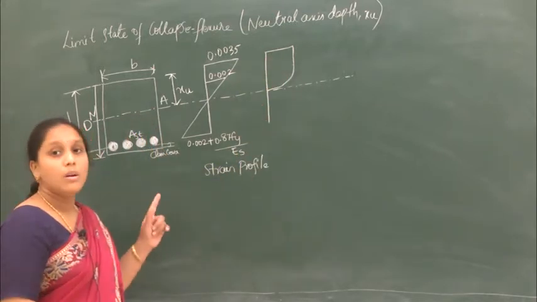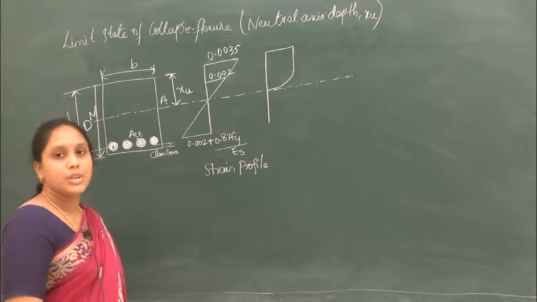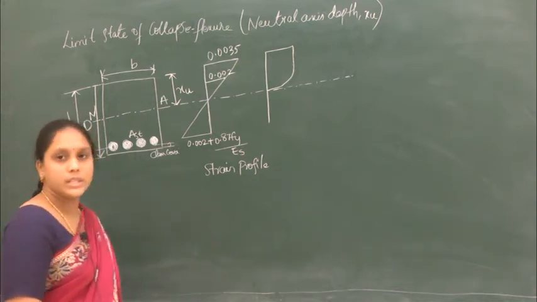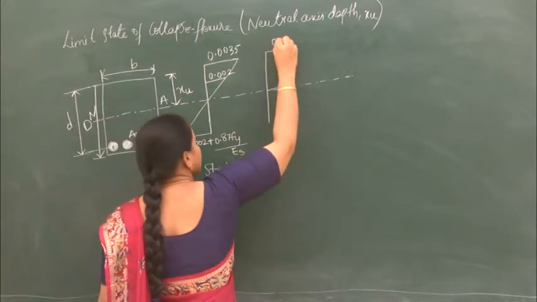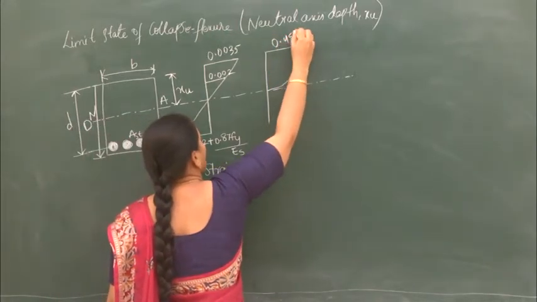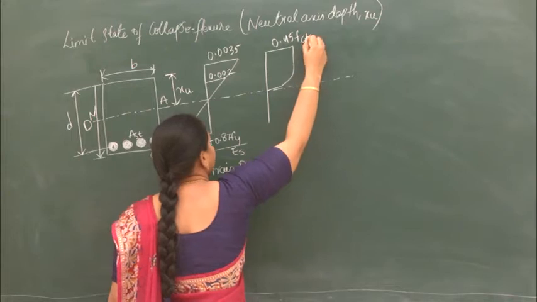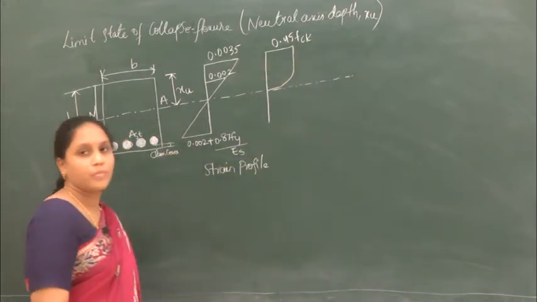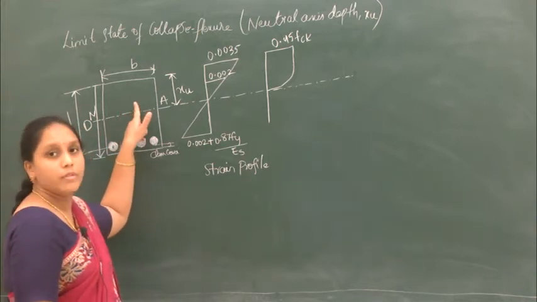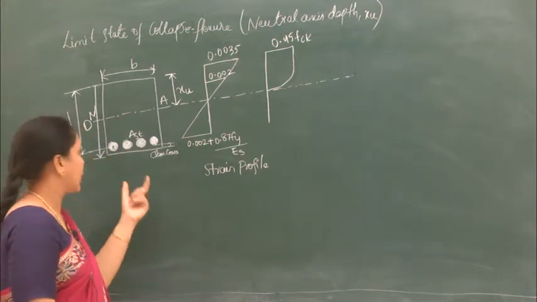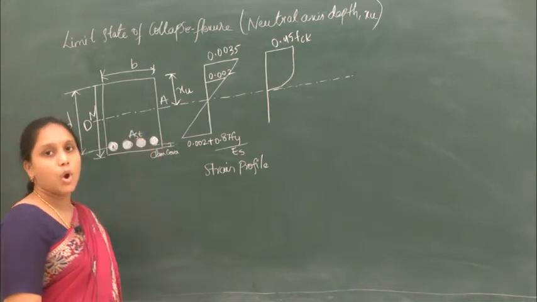Okay. Now what is the stress in concrete? That is the design stress in concrete. We have already seen in the assumptions, it is 0.45 fck. So in this particular part we are going to have the concrete. Here also we are going to have the concrete.